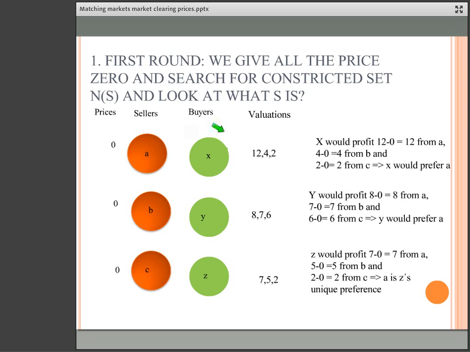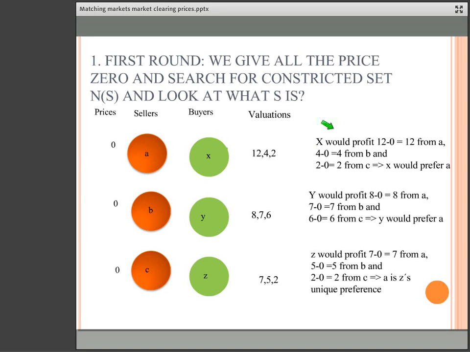And then these valuations are the valuations which X gives: 12 for A, 4 for B, and 2 for C. And then you can count the profit, and you will notice that 12 minus the price, which is 0, he profits 12 from A.